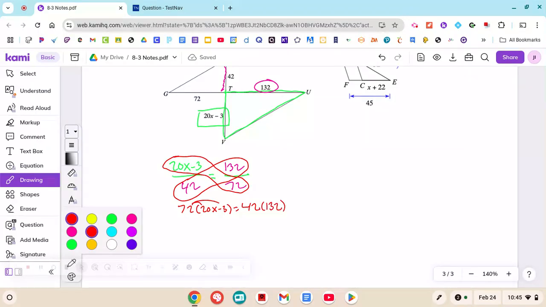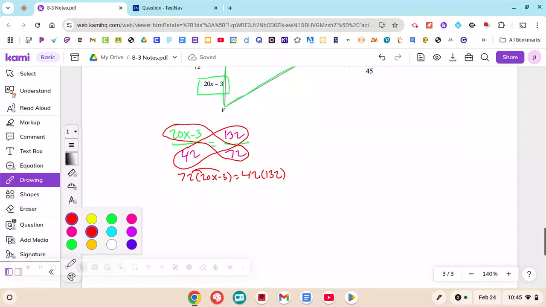And distribute through. This is 1,440. This is 216. This is 5,544. Oops, I dropped my x. We'll add the 216 over.